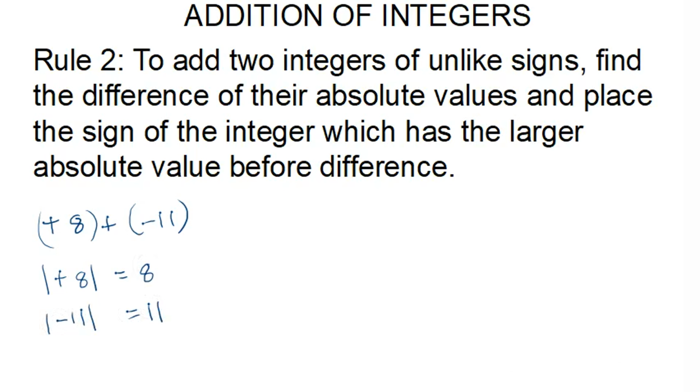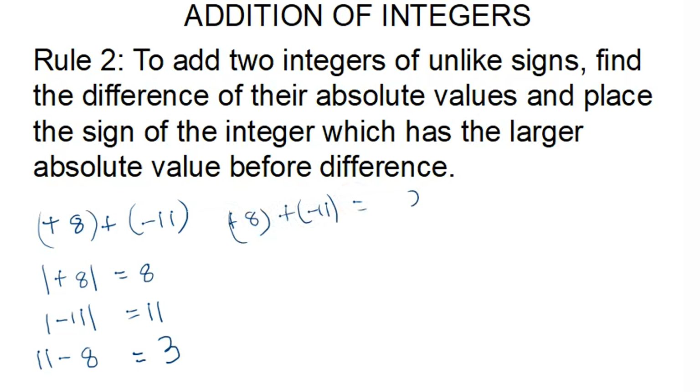Previously in rule 1 we added the absolute values, but here we will be subtracting. 11 minus 8 is equal to what? It is 3, right? Now, what sign do we put for plus 8 plus minus 11?